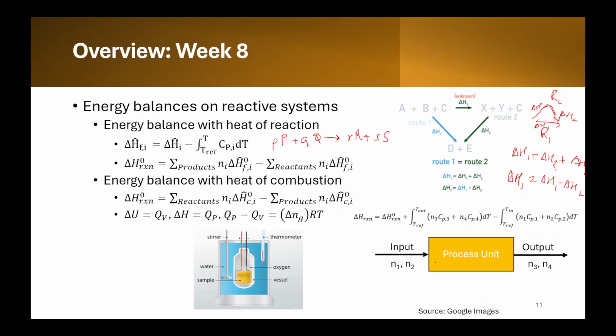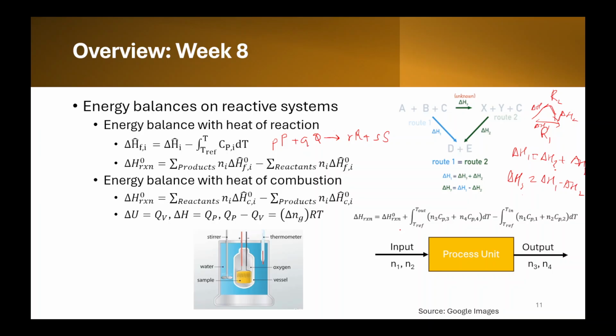If it is an endothermic reaction, the temperature will fall. So because of that, the change in the specific heat of your components, these are your products, minus the change in the specific heat of your reactants, into the change in the temperature, gives you the heat of reaction at higher temperatures other than your standard state.